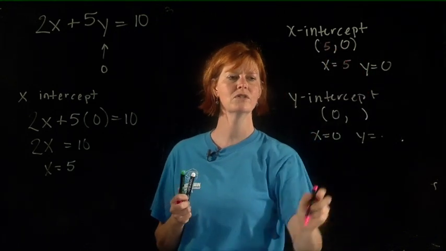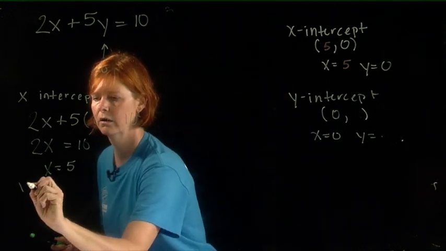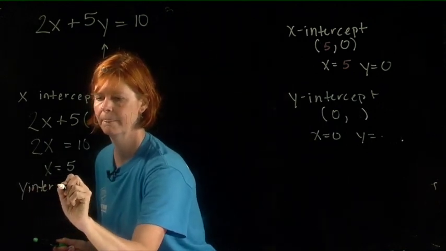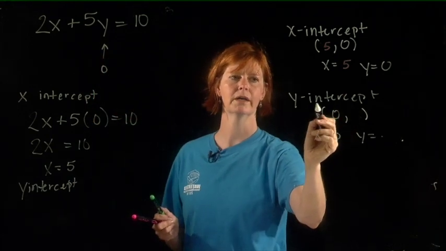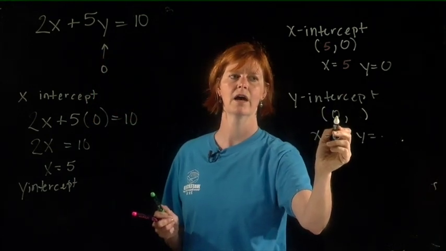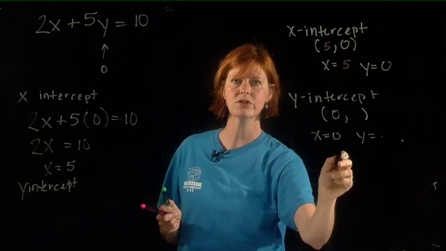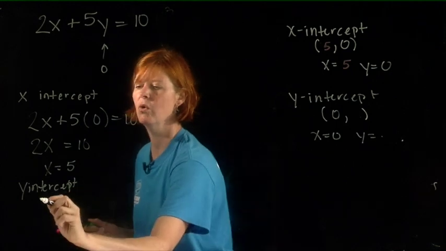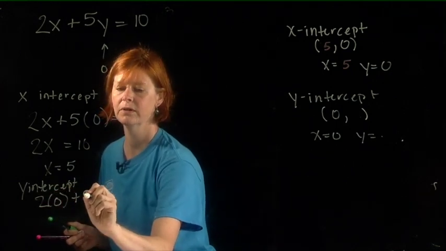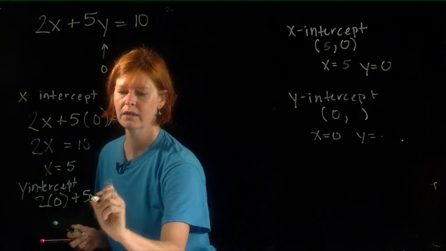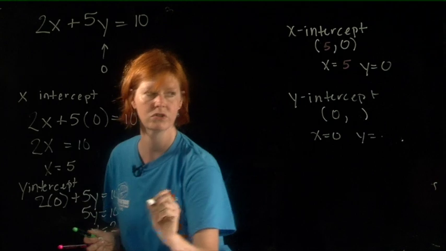Now let's do the same thing for the y-intercept, except this time I want to plug in 0 for x. It's counterintuitive, but you watched it the first time from the graph, so this time you know and you believe it works. So 2 times 0 plus 5y, this is 5y equals 10, y equals 2.